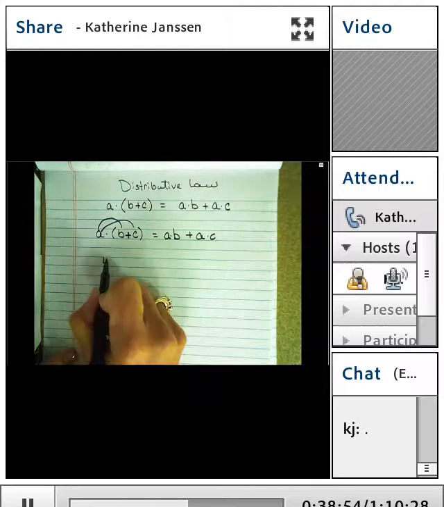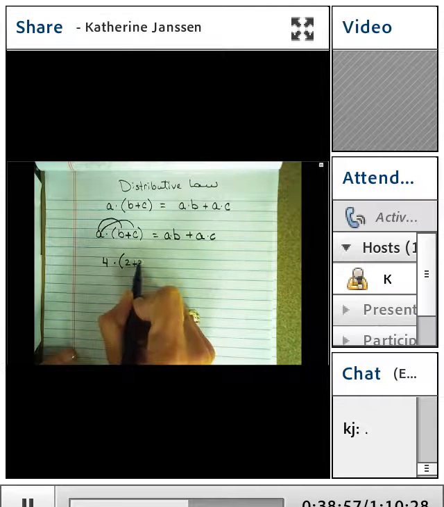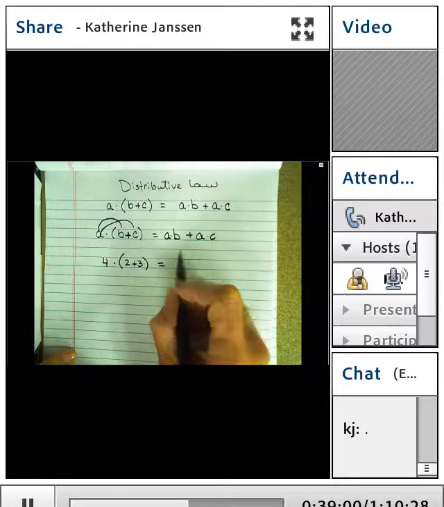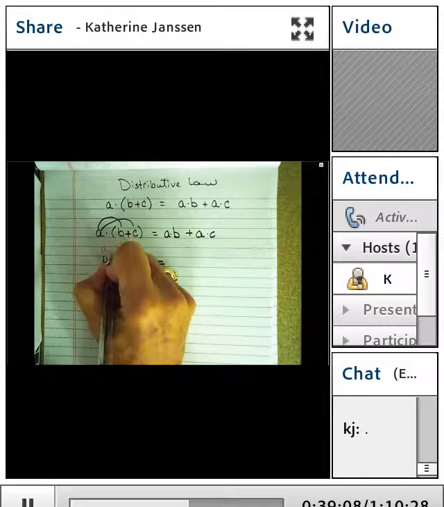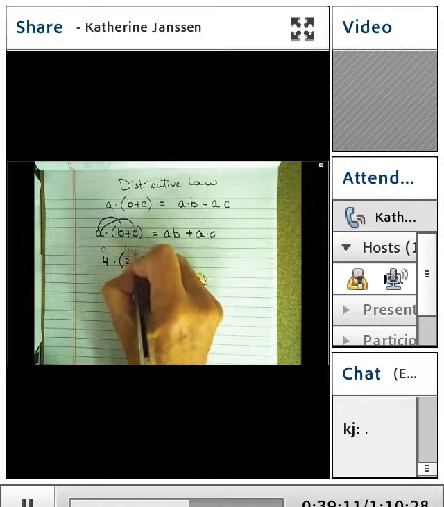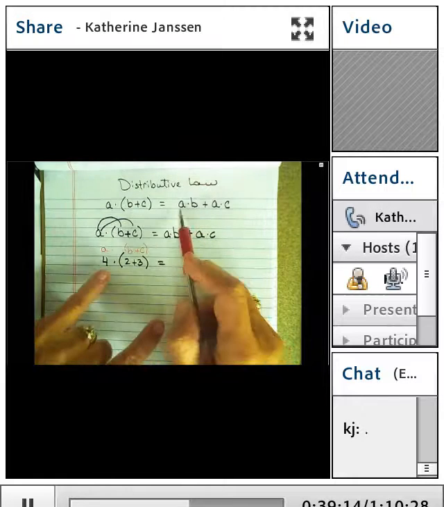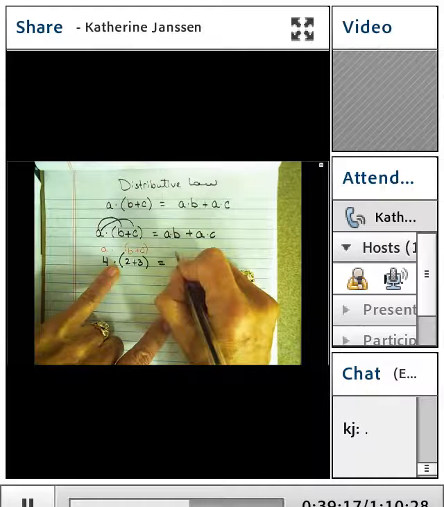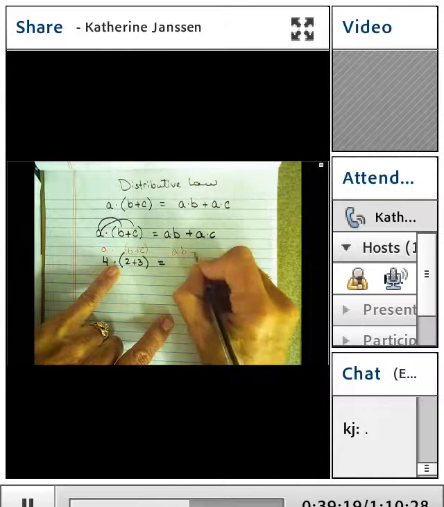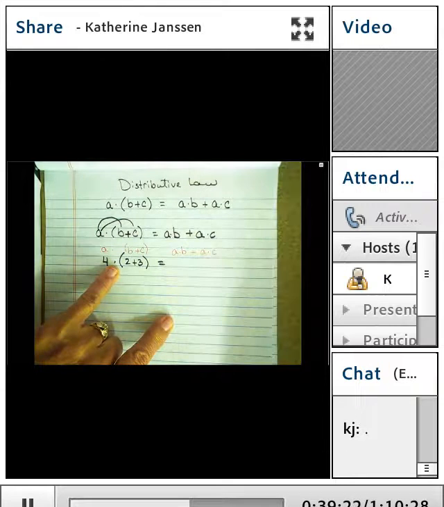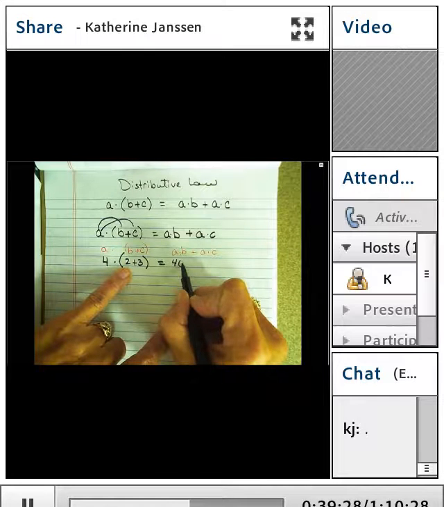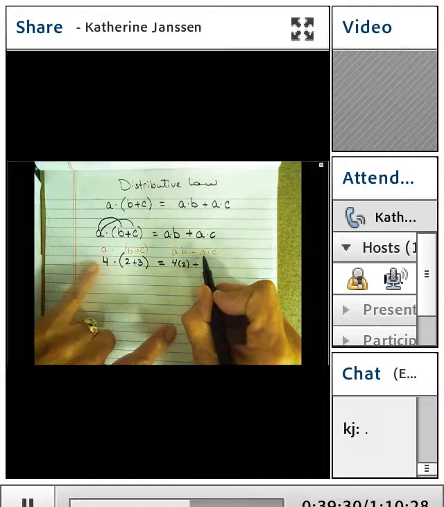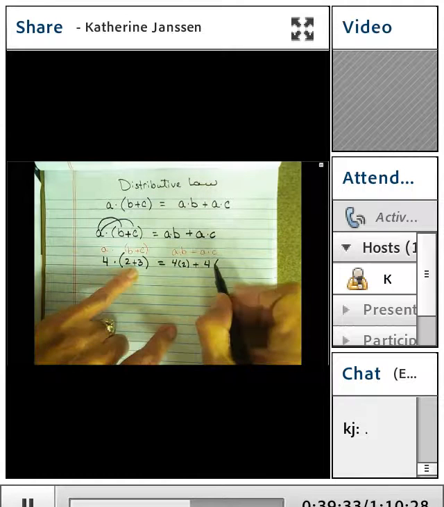If I have 4 times 2 plus 3, it should be equal to, according to my pattern, this is A's position, this is B's position, C's position. And I can expand that as A times B plus A times C. So A is 4 times B, which is 2, plus A is 4 in this example, times C is 3.